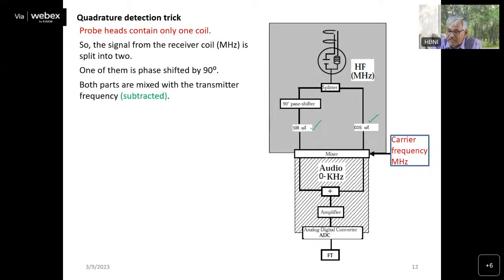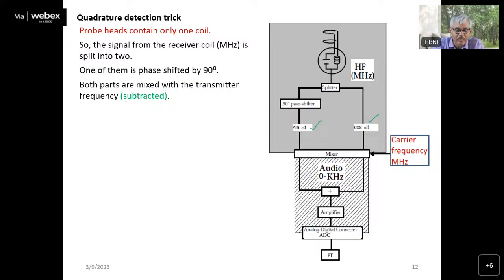Both parts are then mixed with the carrier frequency. The carrier frequency is nothing but the radio frequency of the radio frequency field which is used in the pulse, or you can call it the rotating frame frequency or transmitter frequency. So that is what we call the carrier frequency, and you are mixing them.